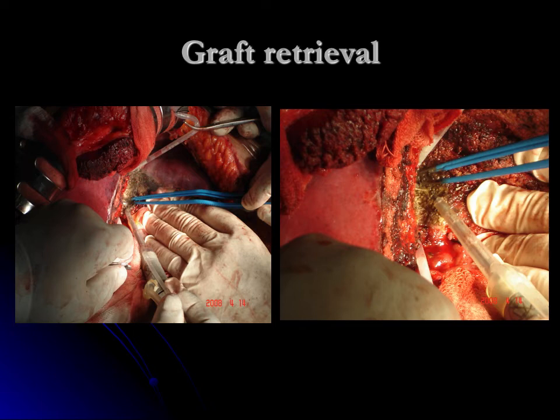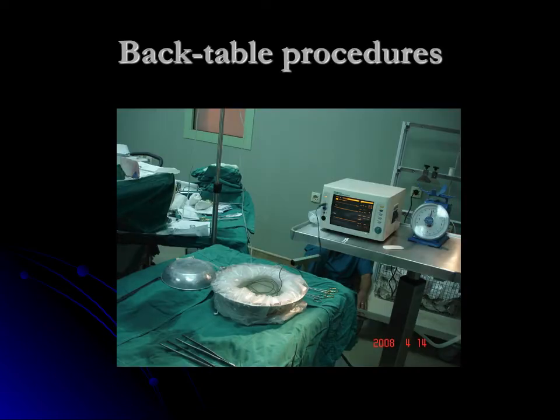So in the donor we do the right hepatectomy, and the right hepatic lobe will be transferred to the back table into preservative, either HTK solution or UW solution, with ice.